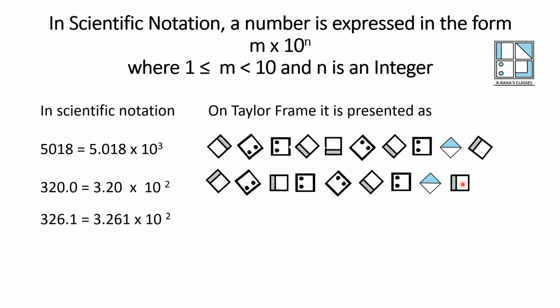Same way, 326.1. Now there is a decimal, but after the decimal it is 1, not 0. This is significant, and therefore we convert it to 3.261 into 10 raised to power 2.